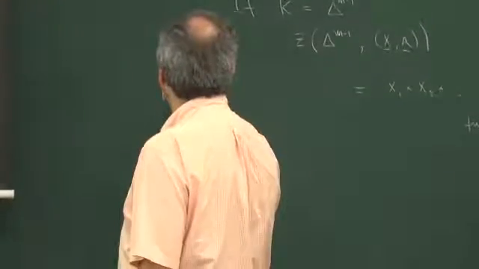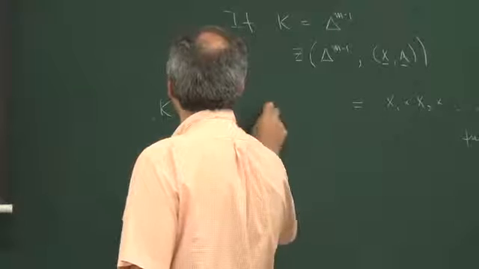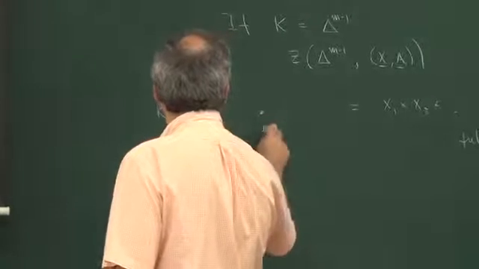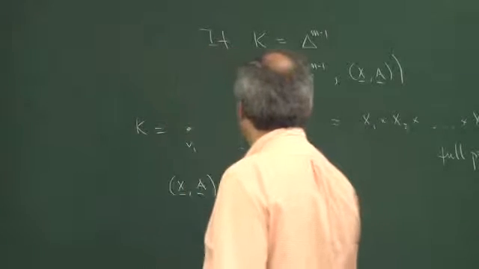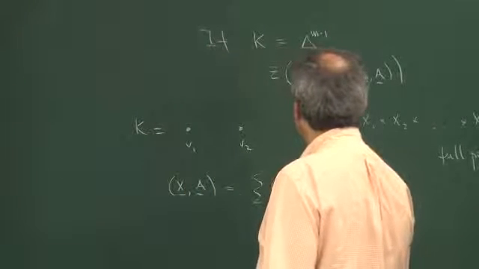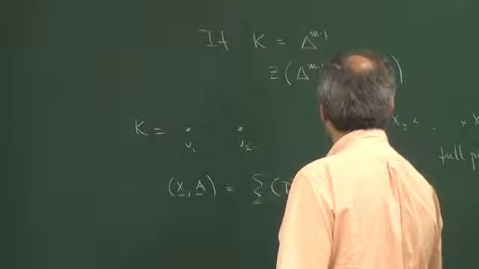So to get S3, by the way, I would take K equals 2 points, and I would take (X, A) to be (D2, S1).